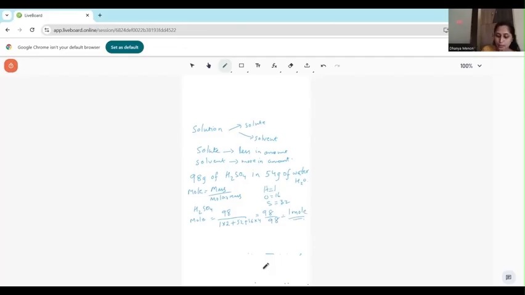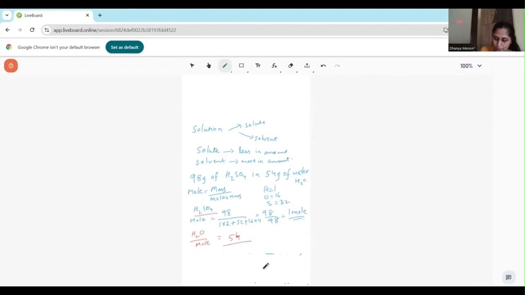Now let's check out water. This is sulfuric acid. Let's check out the number of moles of water. Mass is 54 over molar mass. Water is H2O.